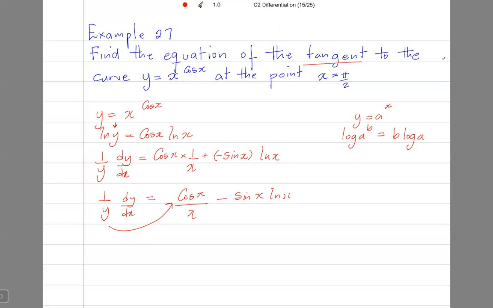I'm going to multiply both sides by y, and I'm going to get dy by dx is equal to y into the cosine of x divided by x minus the sine of x ln x. All right. But y is equal to x to the cos x.